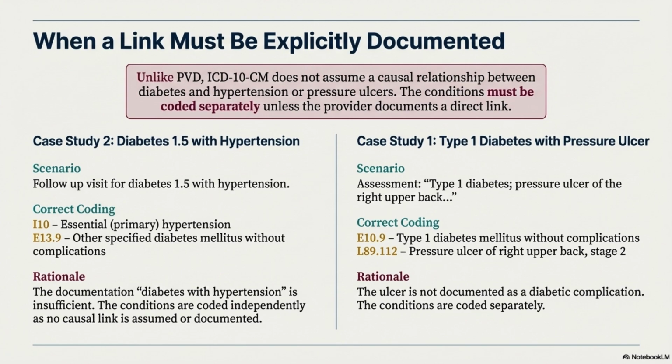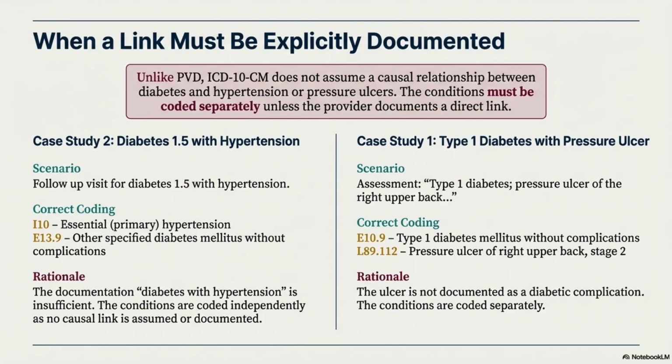Even though the provider documents the conditions together, ICD-10-CM does not assume a causal relationship between diabetes and hypertension. The word "with" isn't enough here. Because the alphabetic index does not link these two conditions, and the provider hasn't documented a cause and effect relationship, we must code them separately. Since no causal link is documented, the conditions are coded separately.